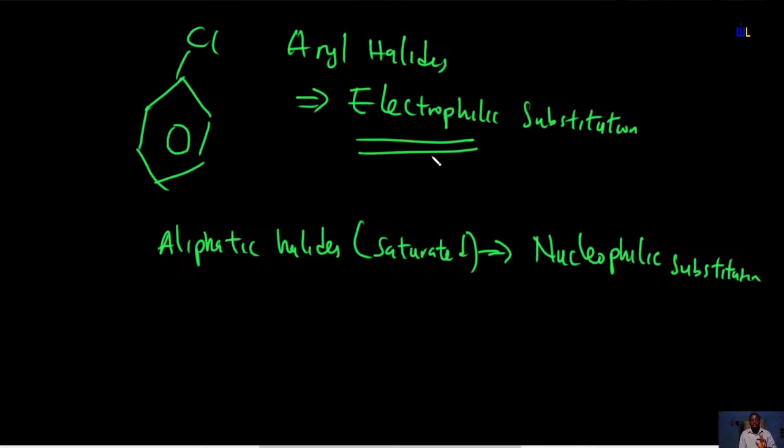Just take note of it that in aryl halides, the form of substitution that is characteristic is electrophilic, while in the case of aliphatic, you have your nucleophilic substitution. As I said, we are going to discuss these things in detail. Now, having mentioned this, we would have to move it up a notch into the next part of the study.